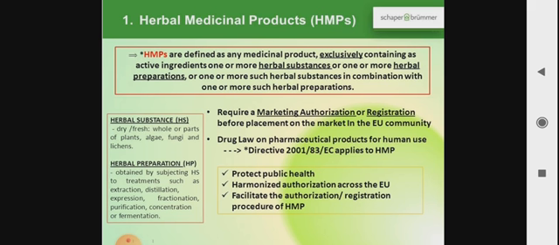So see here: protect public health, harmonize authorization across the European Union states, facilitate the authorization and registration procedures of HMP. So this is about the herbal medicinal product.